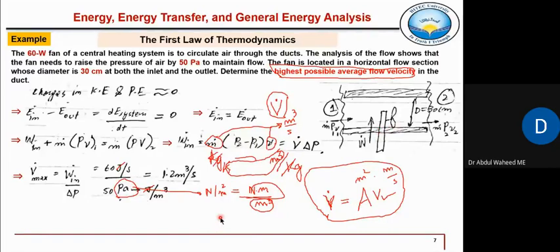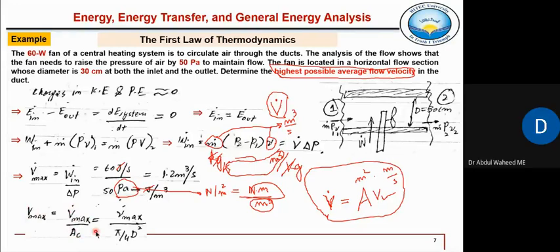So the area of flow, it's a circular duct whose diameter is given, so we can find out its cross-sectional area through which fluid is flowing, right? So the maximum velocity is given by volume flow rate divided by area.